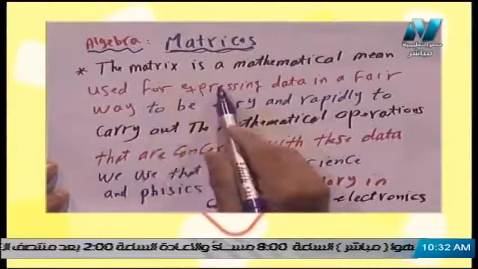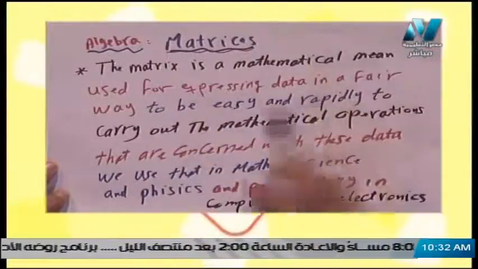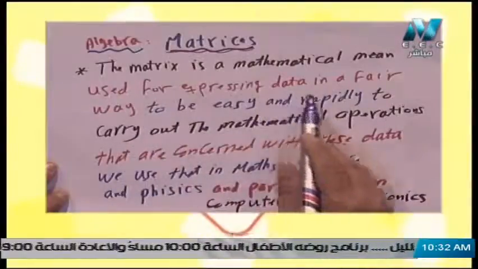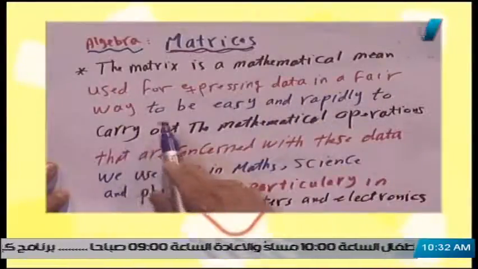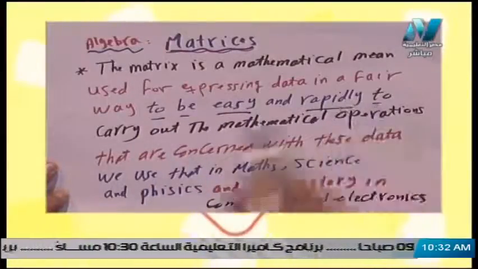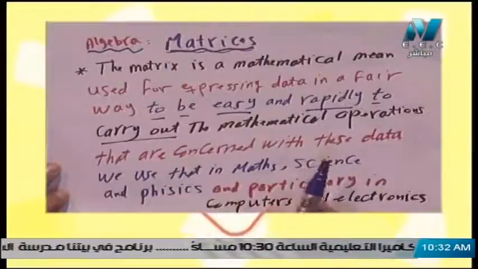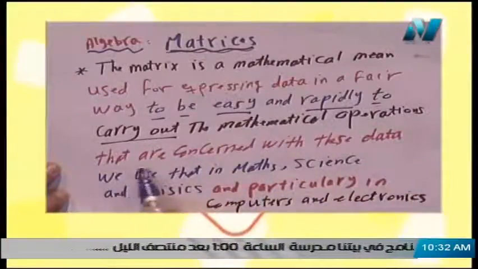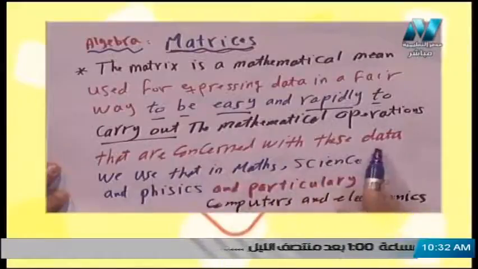A matrix is a mathematical means used for expressing data in a fair way, so that it is easy and rapid to carry out the mathematical operations that are concerned with these data.